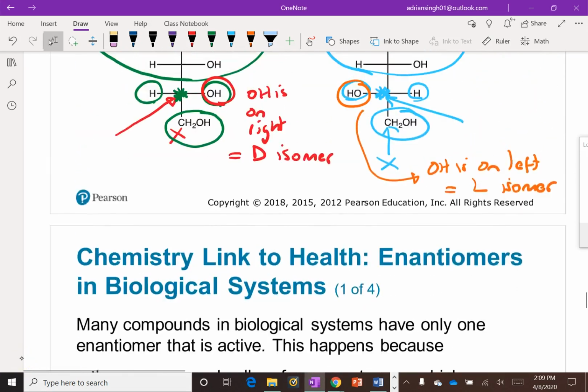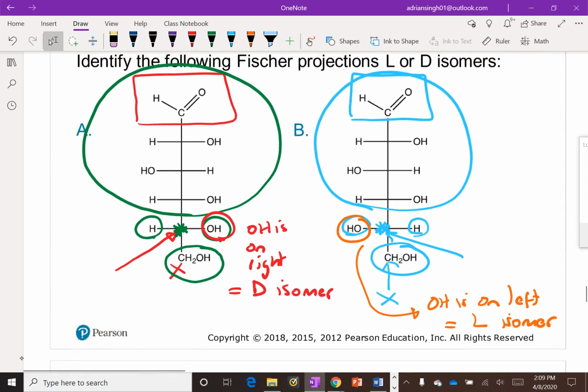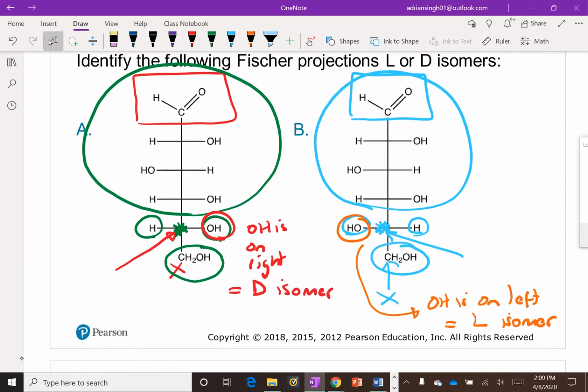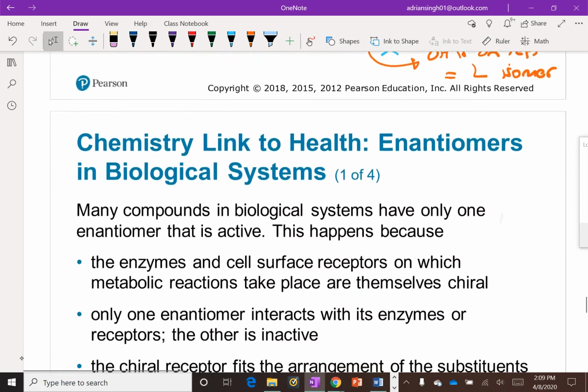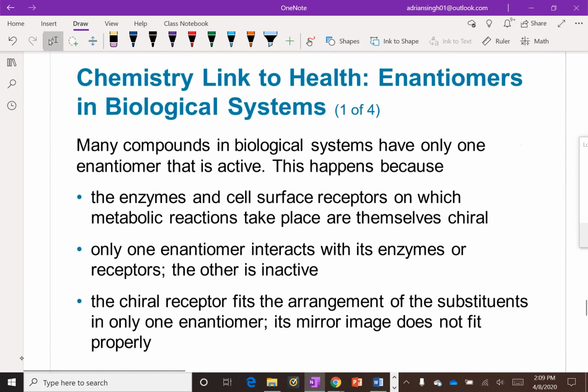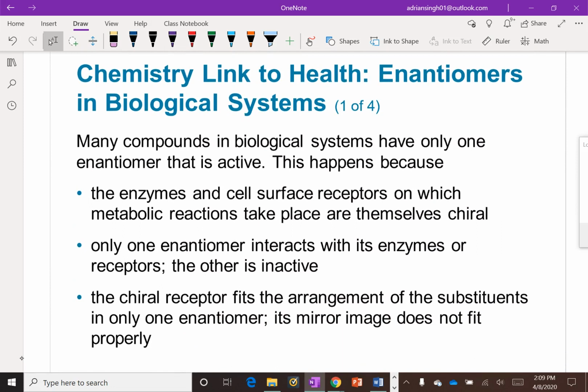So you may think, well, what's the big deal behind having one isomer versus the other, the D versus the L? Well, it actually ends up being a really big deal when you start looking at how some of these molecules interact with other things, because shape is extremely important when it comes to the functions of biological molecules.